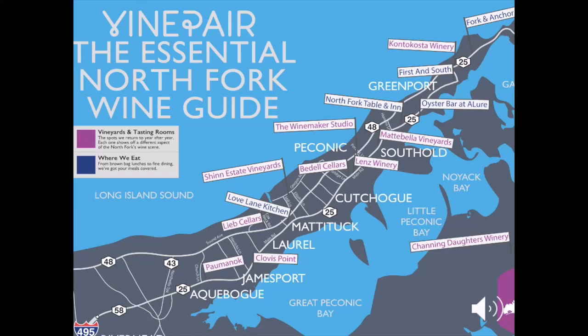So it's really not a huge area, the North Fork and the Hamptons even smaller, but there's some very, very dedicated viticulturalists and winemakers there. And as I said, I think we'll see increasing quality and increasing representation of these wines all over, not just in New York City and New York State alone, but in other places as well.